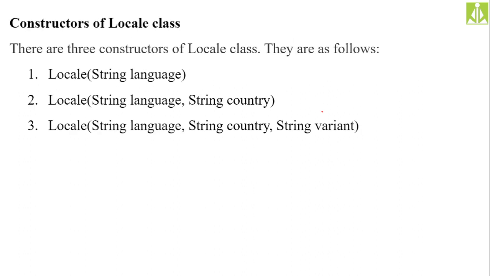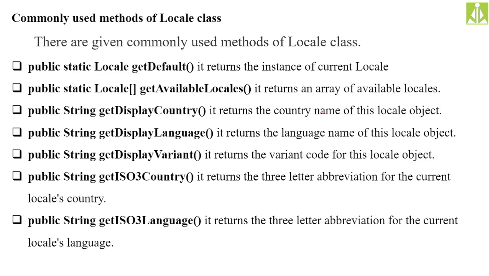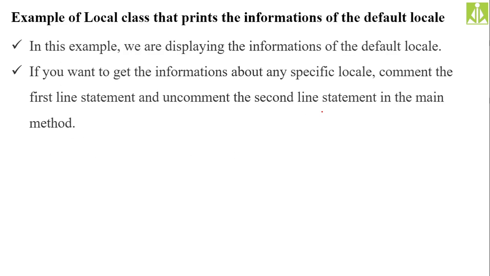The Locale class has three different constructors with different parameters. You can get the description from the docs. These are the different methods we have inside the Locale class, with their descriptions. Now, an example of the Locale class that prints the information of the default locale.